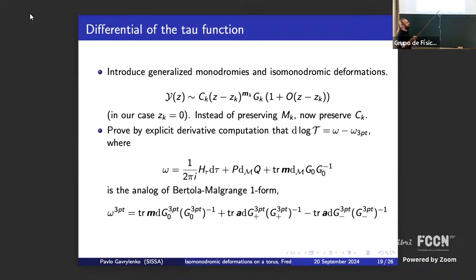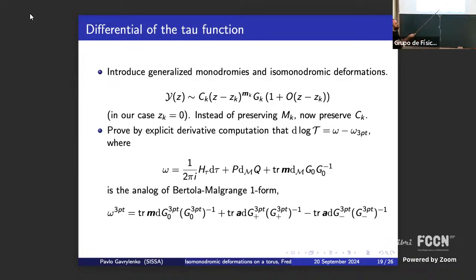Logarithmic derivative of this, then we translate it to the formula of the logarithmic derivative of the tau function, and the answer is the following. It is this original term. It is this monodromy-dependent piece which is absent in the spherical case. It is P dQ, but with monodromy-only derivative. And there are such pieces related to the singularities.